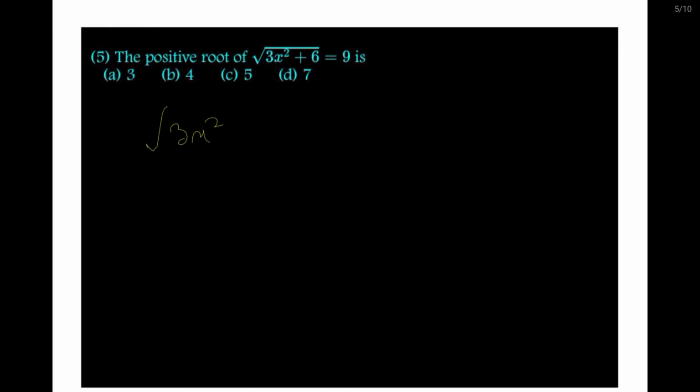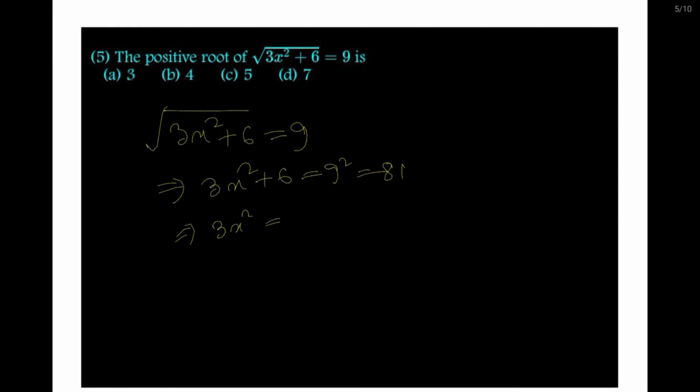Square root of 3x squared plus 6 is equal to 9, and if we square both sides, then we will get 3x square plus 6 is equal to 9 square, and 9 square will be 81. So it will be 3x squared is equal to 81 minus 6, and it will be 3x squared is equal to 75.